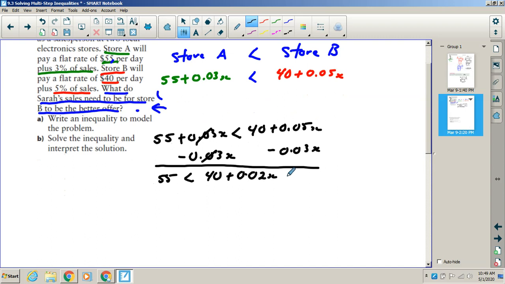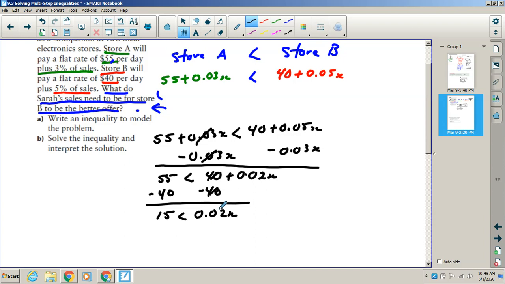Next step, I need to get the 0.02x all by itself, so I'm going to get rid of this 40. Opposite operations, I subtract 40 from both sides, and I end up with 15 here, and I have 0.02x on the right-hand side.